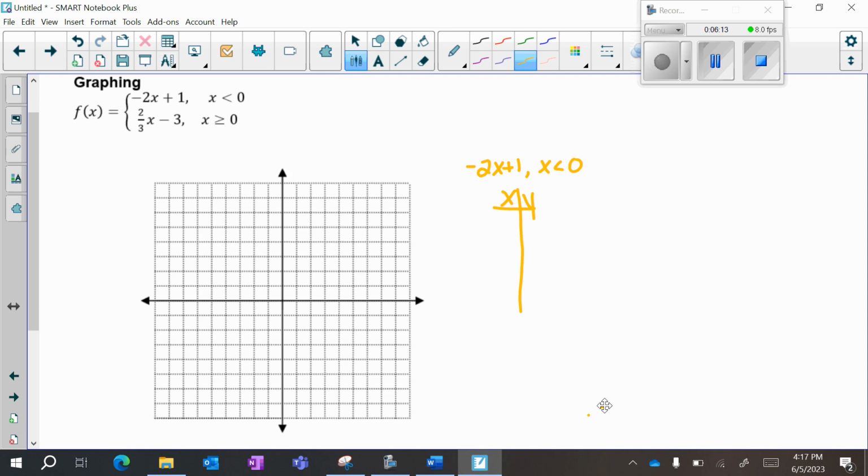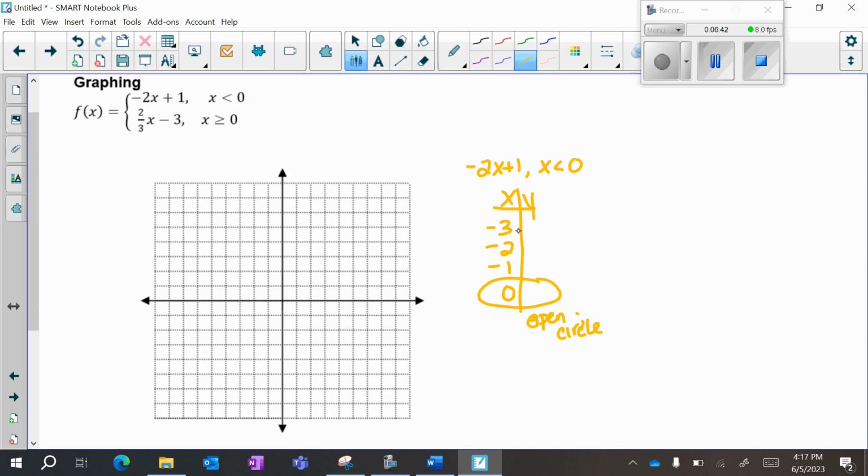So the numbers in the table have to be less than or equal to 0. So that means I'm going to include numbers like negative 5, negative 4, negative 3, negative 2, and so on. You always want to include that last piece, even though it's not defined here. It says x is less than 0, but that's going to be my open circle. So I need to know where to include that open circle.